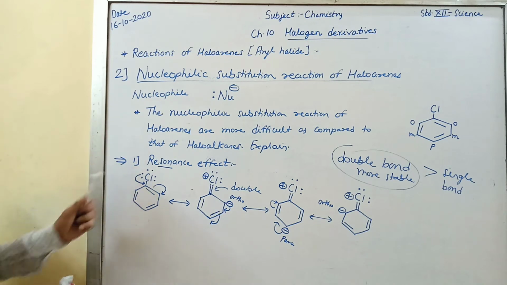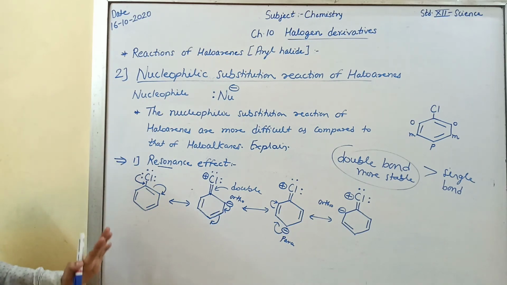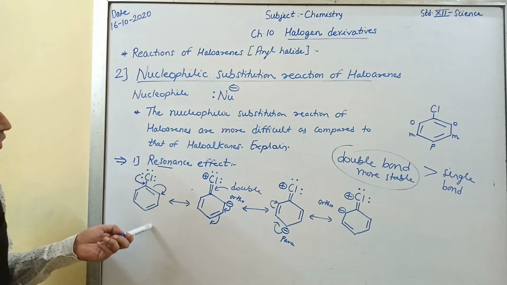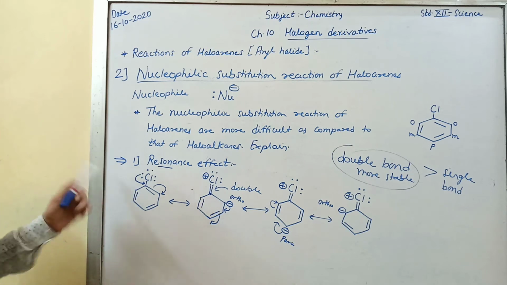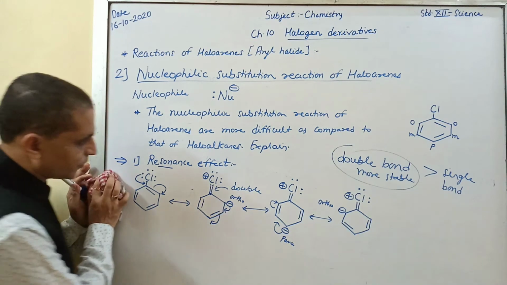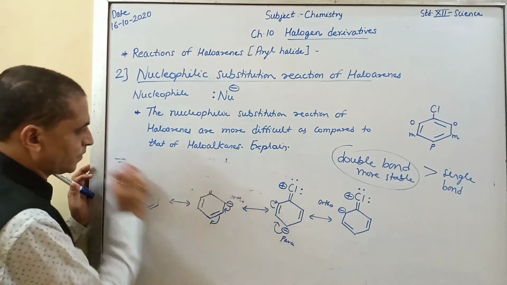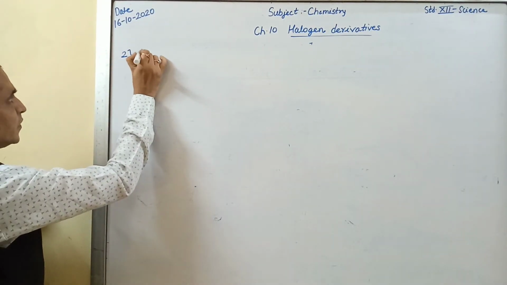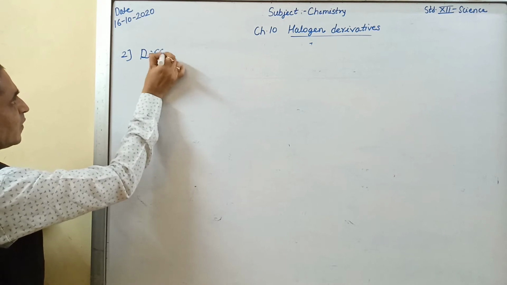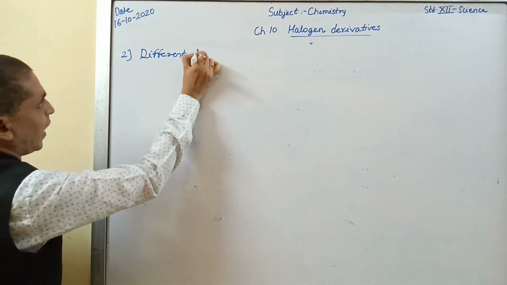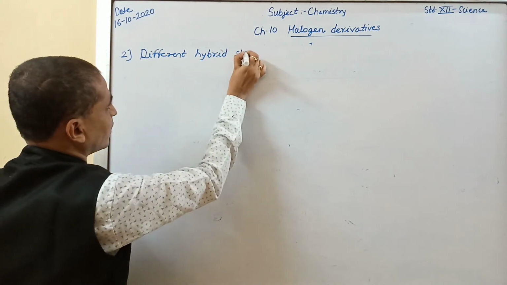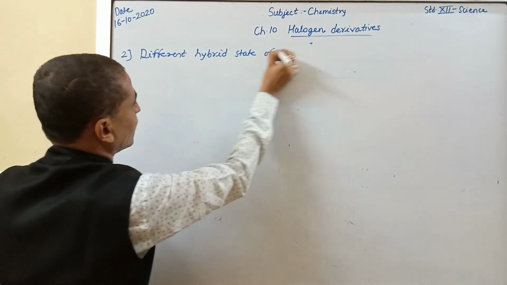You know the question. We are going to study why haloarenes find it difficult to undergo nucleophilic substitution reaction. Now see the second reason: different hybrid state of carbon atom.